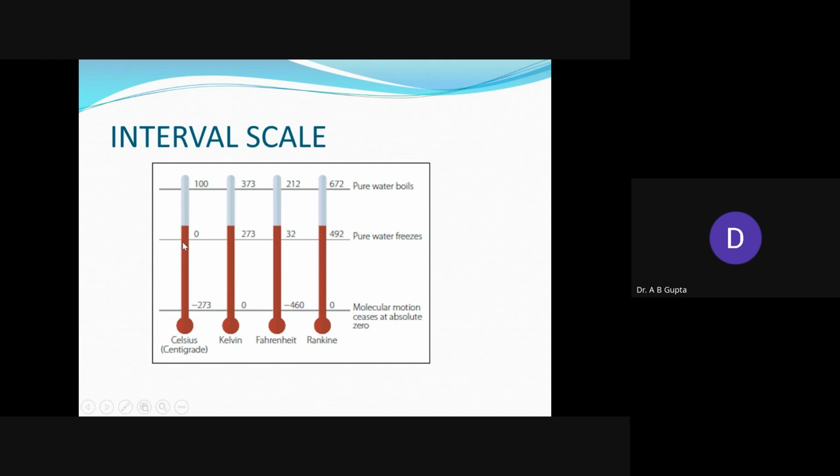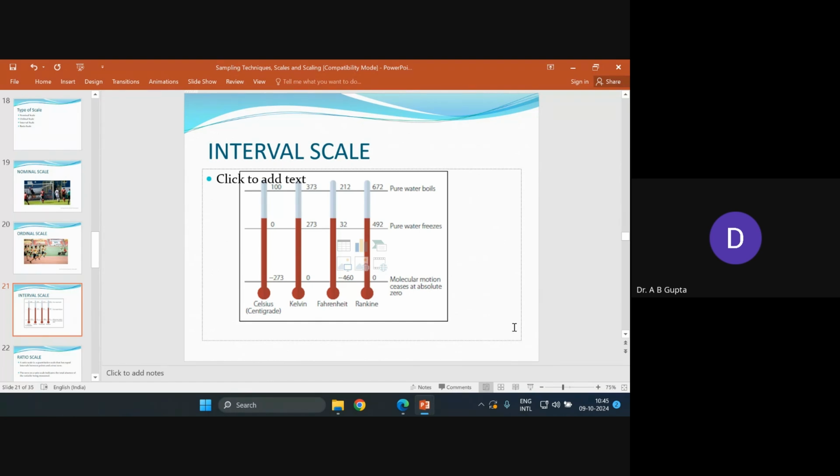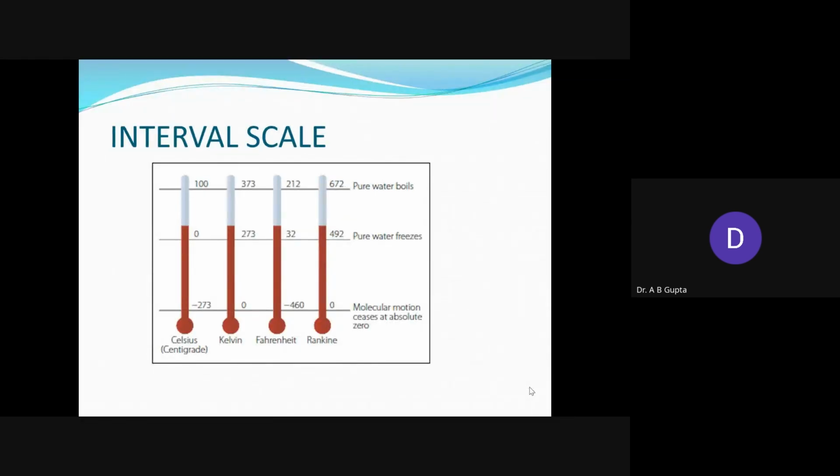So in interval scale, there is categorization, there is ranking. A temperature of 34 is more than a temperature of 30, and more than a temperature of 20. So in interval scale, you are categorizing, you are ranking, and the interval is also evenly spaced.